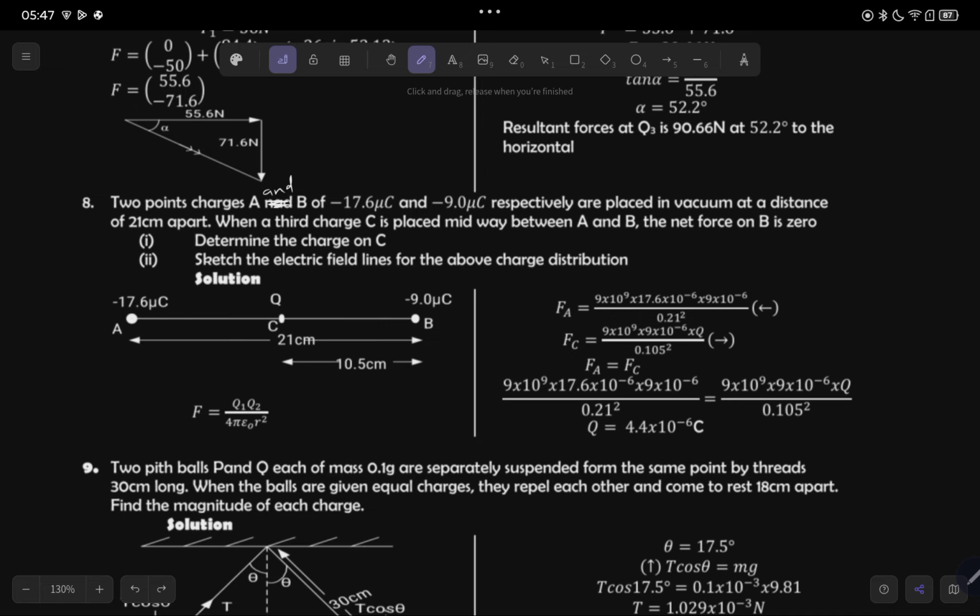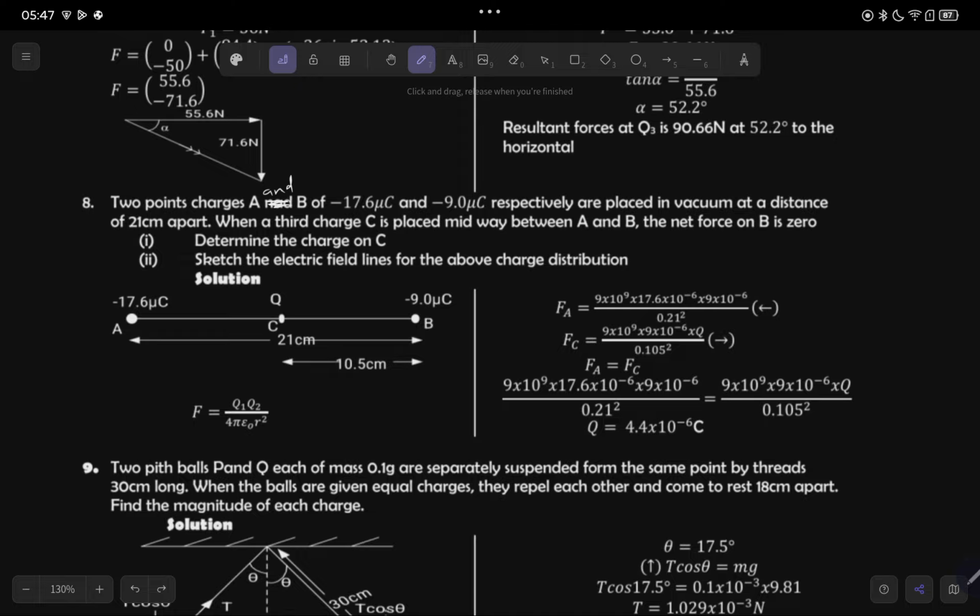When a third charge C is placed midway between A and B, the net force on B is 0. Roman 1. Determine the charge on C. Then Roman 2. Sketch the electric field lines for the above charge distribution.